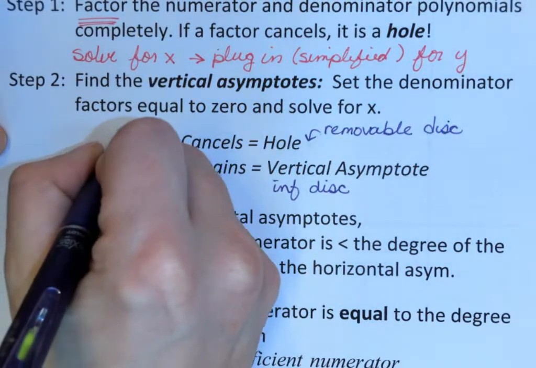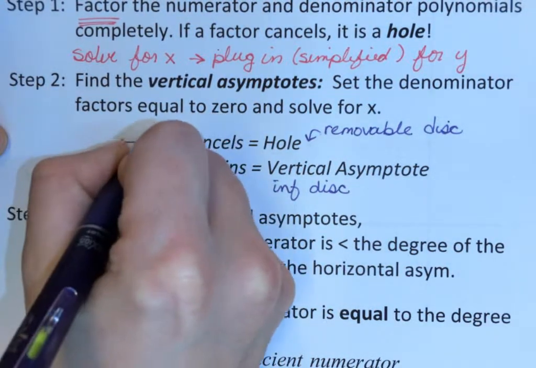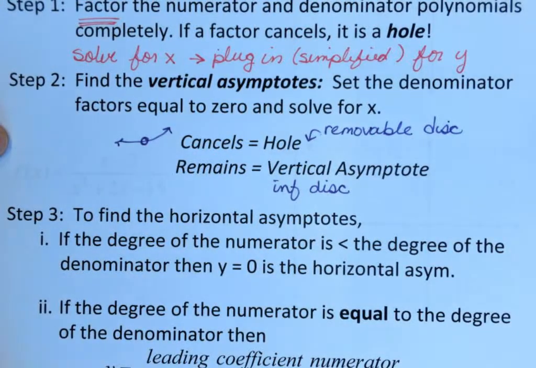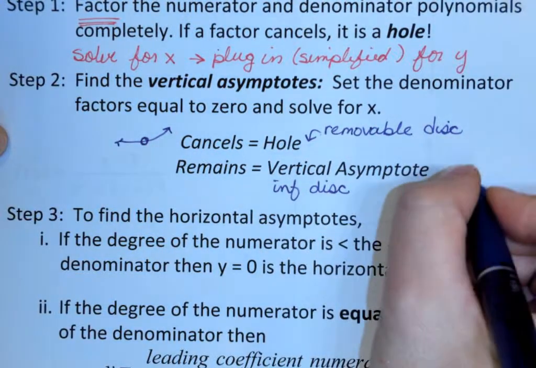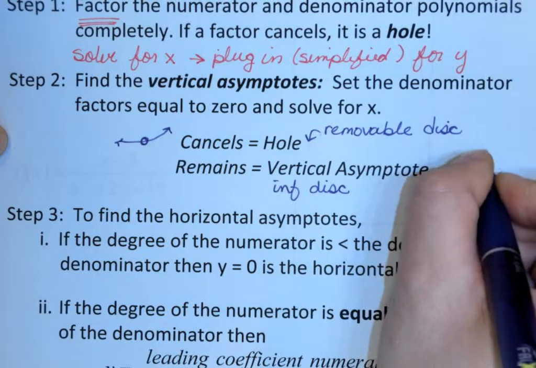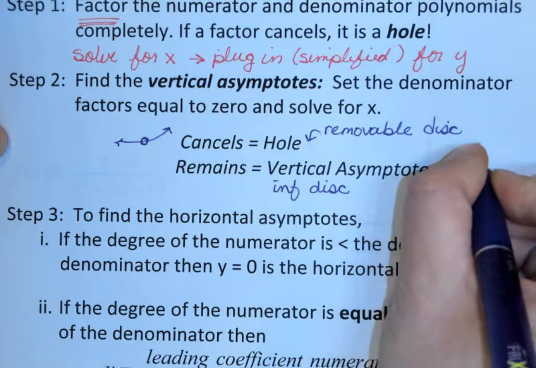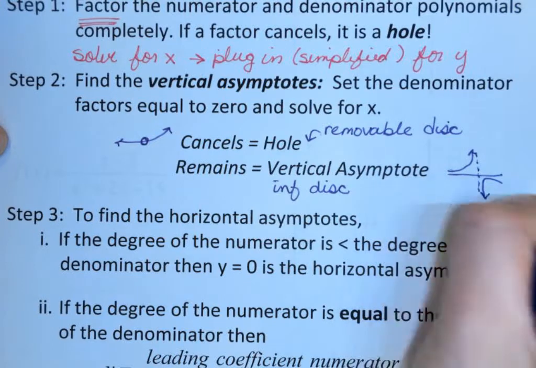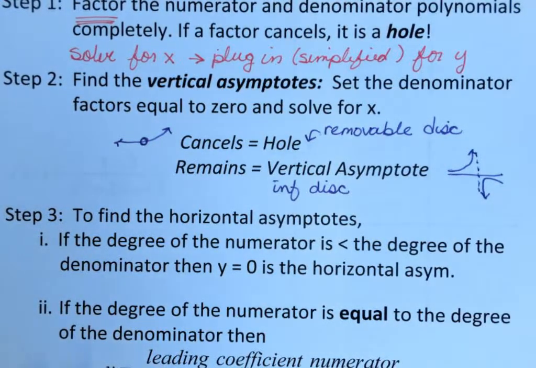If it cancels, that means if I graph it, you'll have a little open circle on your graph. If it remains, I'll have some sort of an asymptote on my graph.